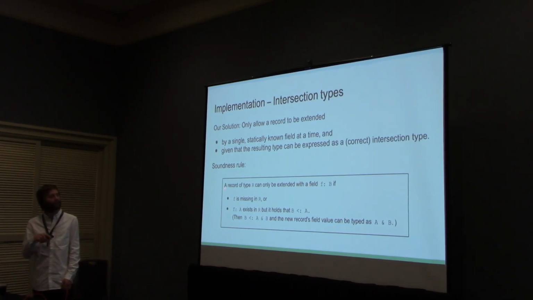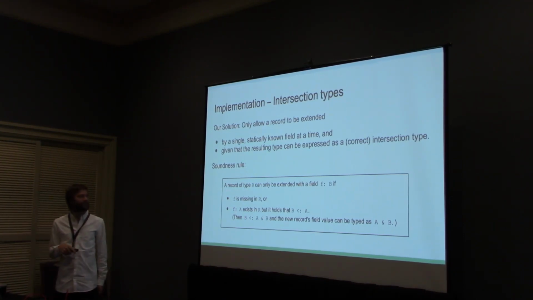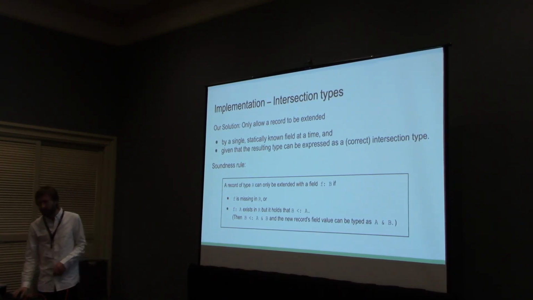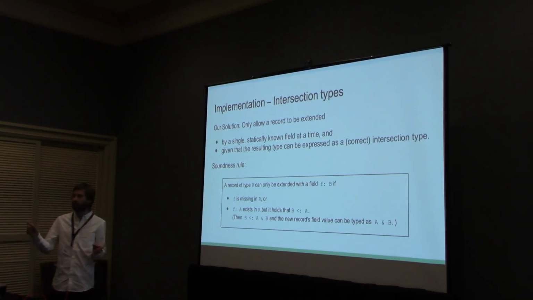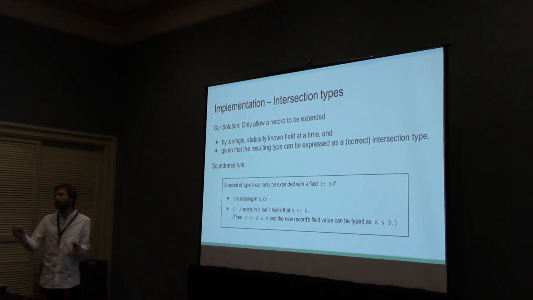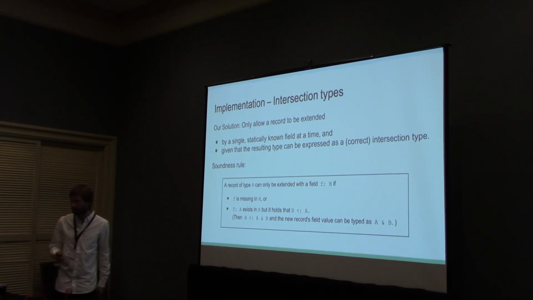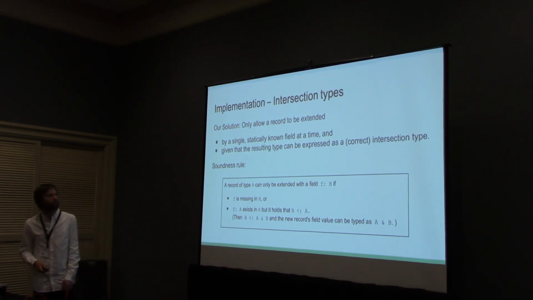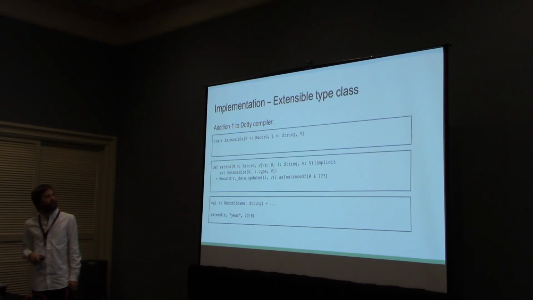And that is basically captured by our little half-formal soundness rule here that essentially says that we're allowed to extend a record with a field if it doesn't exist before at all, or if it exists, the new value must have a subtype of the existing type, because then it would work out with using intersection type to type the result. To implement this, this is our first contribution or extension to the Dotty compiler.